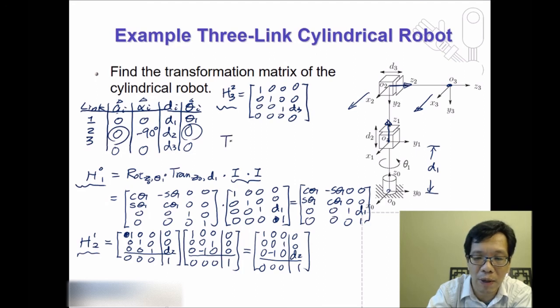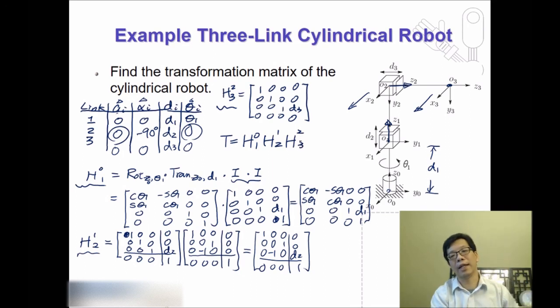So my transformation matrix is going to combine everything all together, and that is going to be my transformation matrix. Let's take a break here. We're going to use another video to explain the third example.